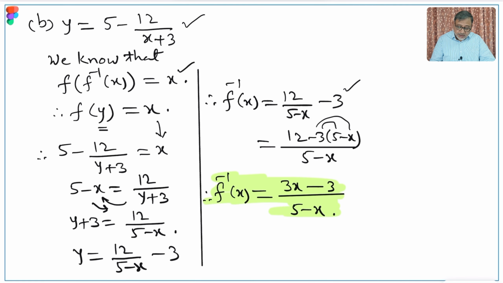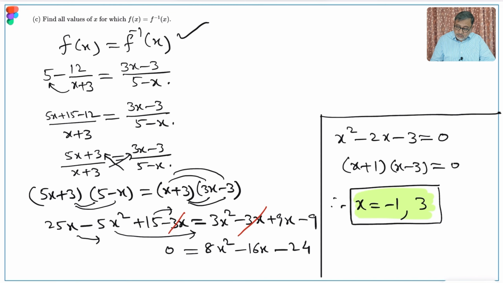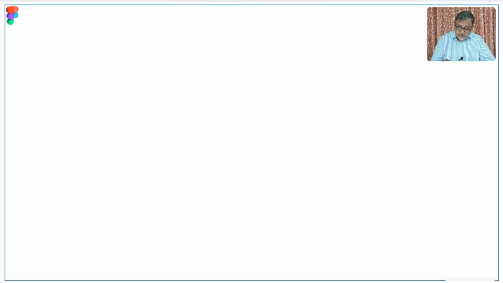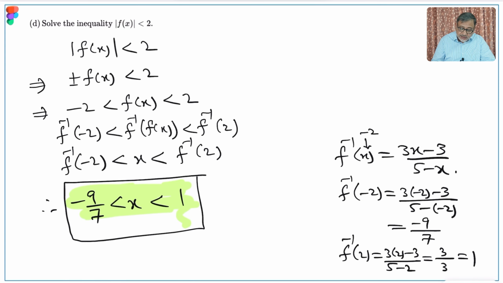Now the last part, let me copy from here. Now look here, it is given as f of modulus of x, be careful about it, right, less than 2. So let us write the same function f.